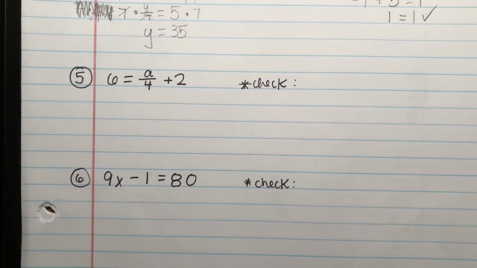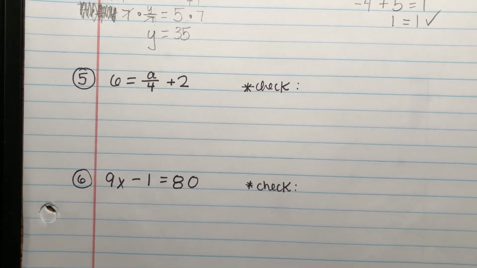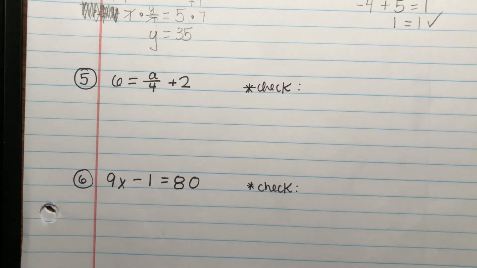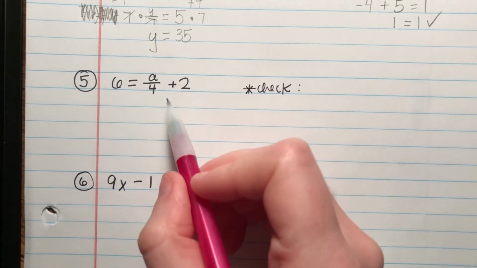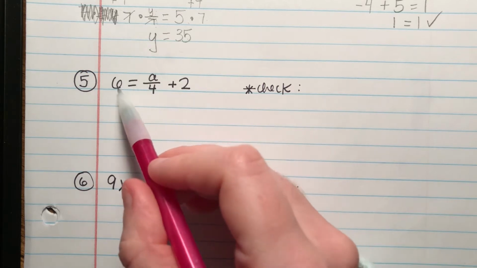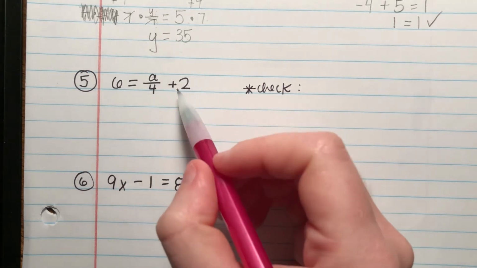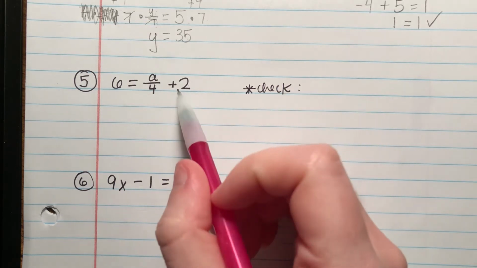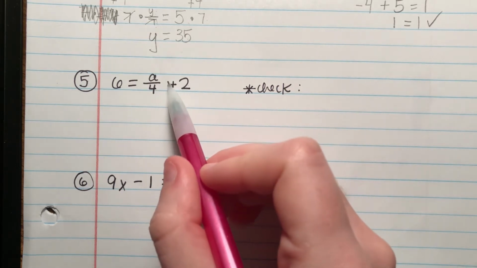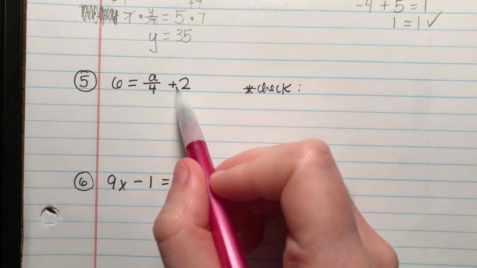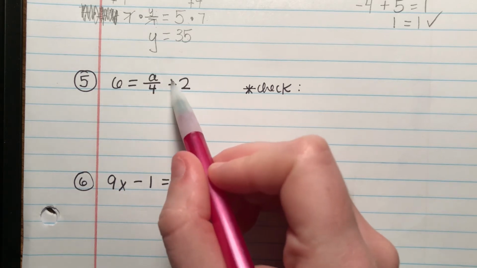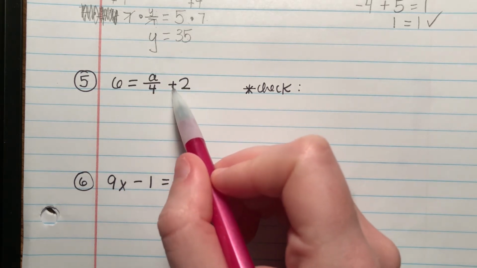Same concept here. Our a is just on the other side of the equation. So let's work this one out. I have 6 equals a over 4 plus 2. First step, I need to get rid of anything attached to the a by addition or subtraction. So this positive 2 is attached by addition.